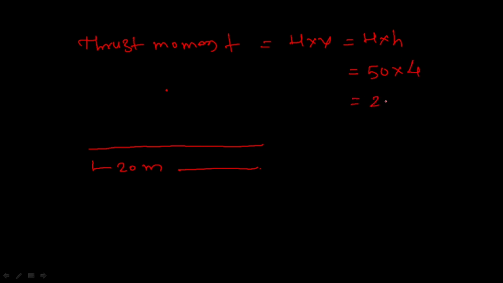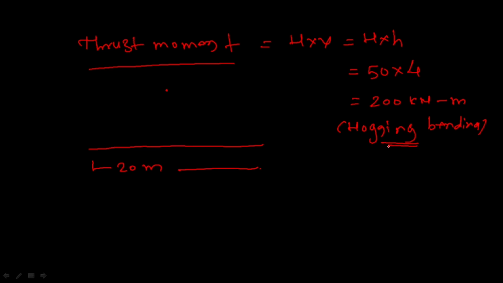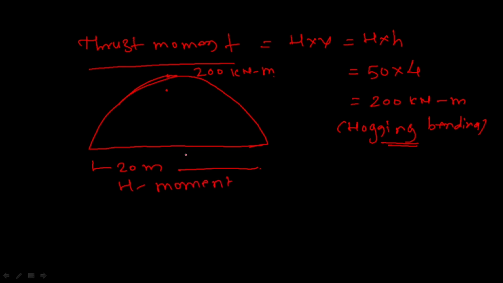So this becomes 200 kilonewton meter. And this moment always creates the hogging bending moment. That is why we take the negative: beam moment minus the H moment. So we draw the BMD as parabolic, and the maximum height is 200 kilonewton meter. This is the H moment diagram, and this diagram is negative.